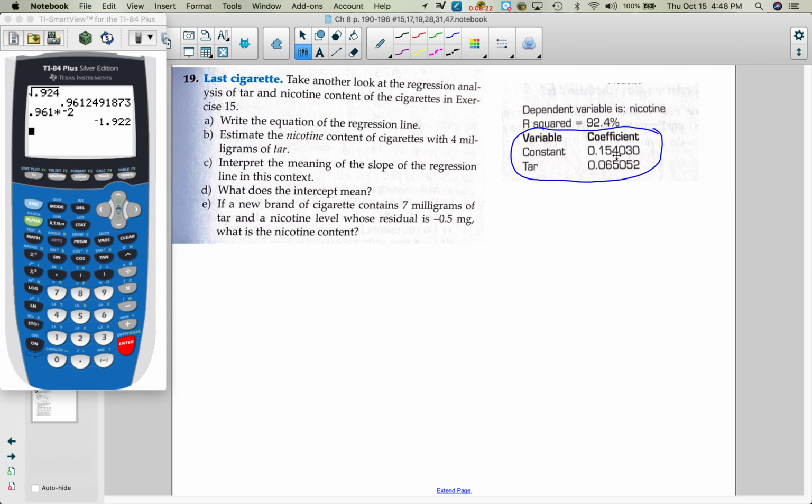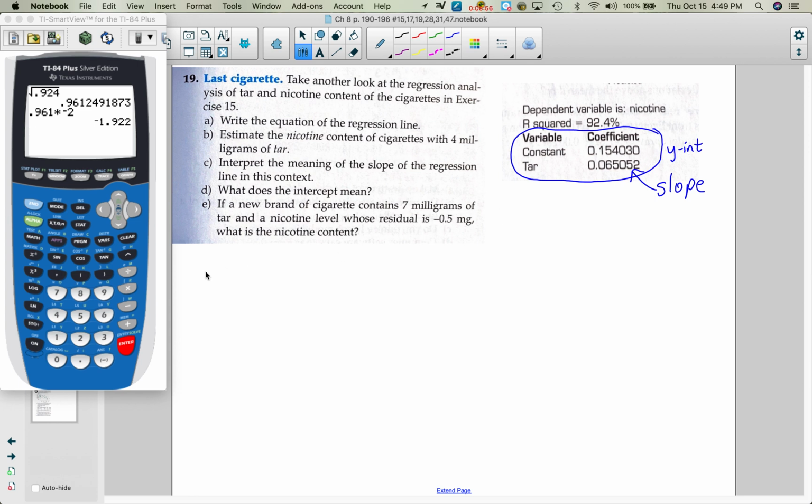Well, hopefully you remember from algebra that the constant on a linear equation is the y-intercept. And this 0.065 says it's the coefficient of tar. Remember that tar is our explanatory variable, so that's like our x, and this is the coefficient to that, which means that this is the slope. So you're going to have to be able to look at computer-generated output and pick the equation out of there.